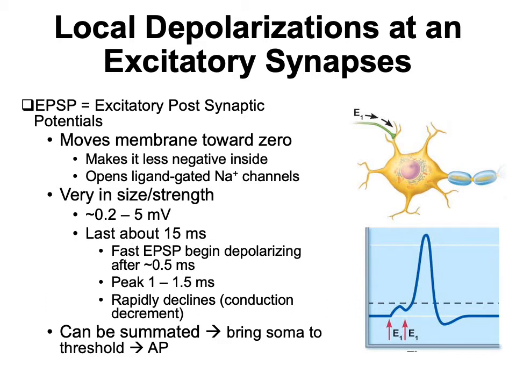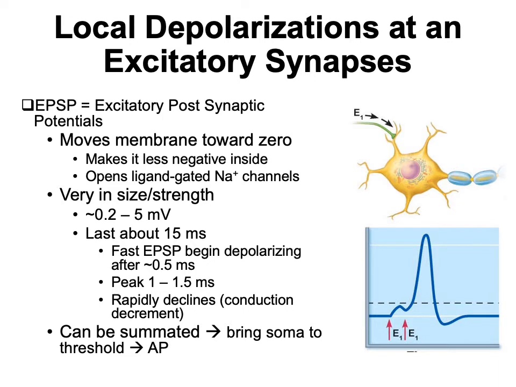These local depolarizations vary in size and strength from approximately 0.2 to 5 millivolts, and they last about 15 milliseconds. Fast EPSPs begin depolarizing after about 0.5 milliseconds and will peak between 1 to 1.5 milliseconds. And then they rapidly decline via conduction with decrement.